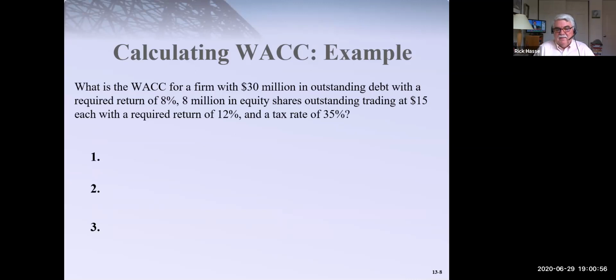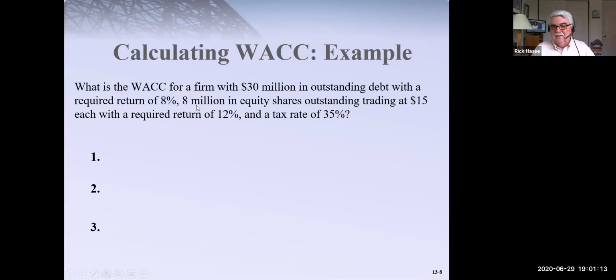So for example, now we're given the same problem. Things have changed though. It's another day, all right? Let's say a firm has $30 million in outstanding debt with a required return, or a cost of that debt, of 8%.